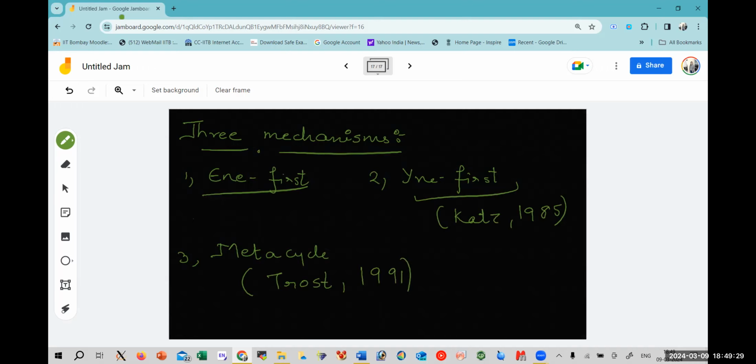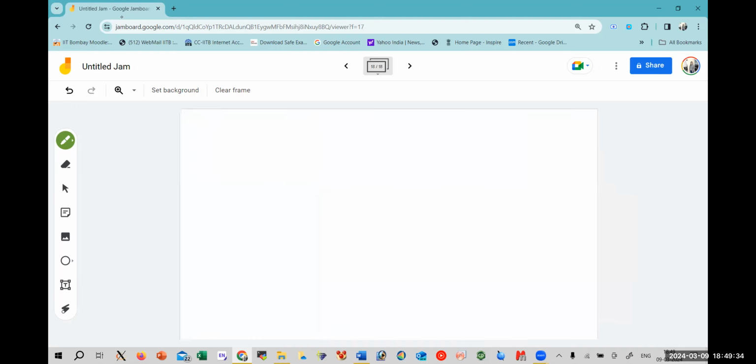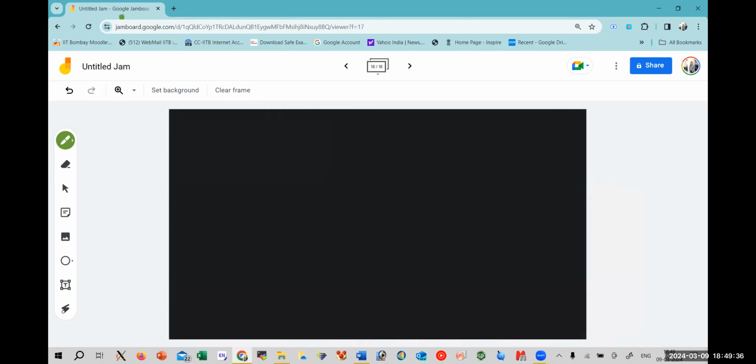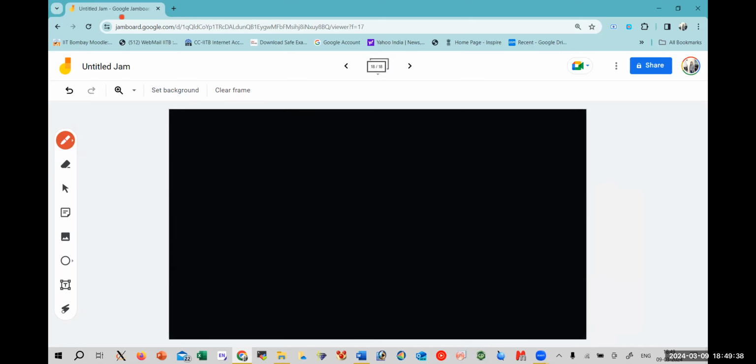So we have already discussed how the procedure works. We will now quickly see how the mechanism goes with your ene first mechanism.